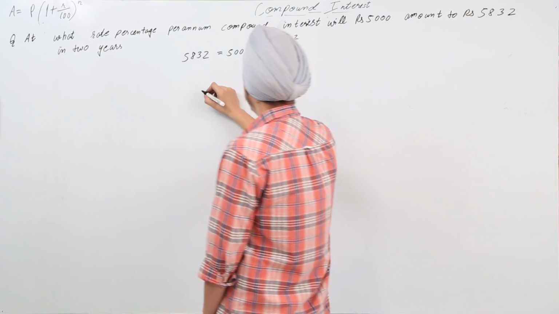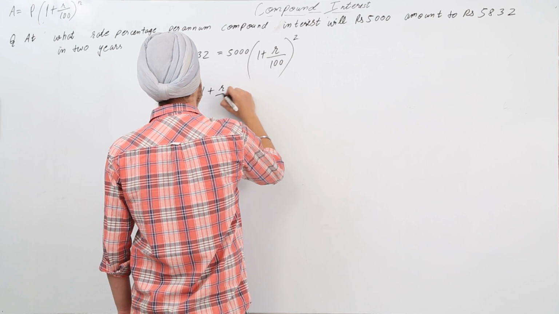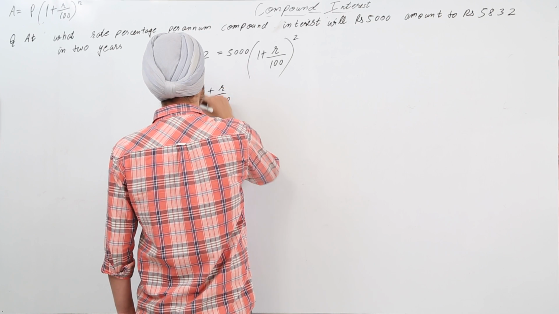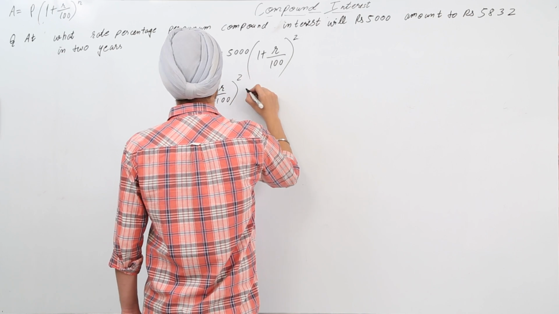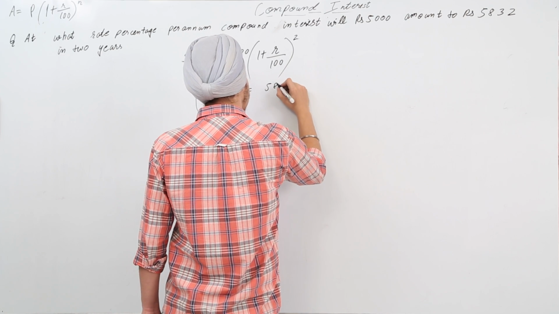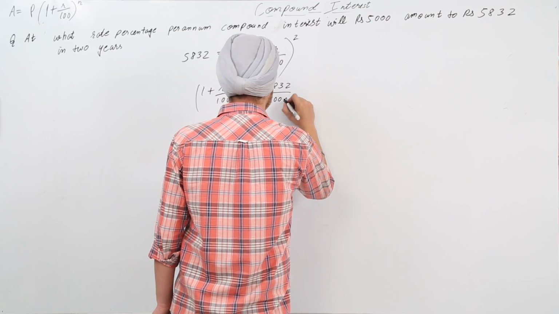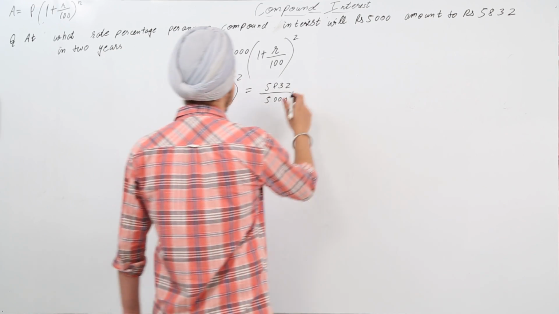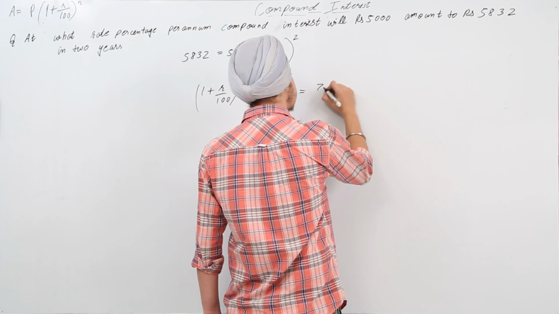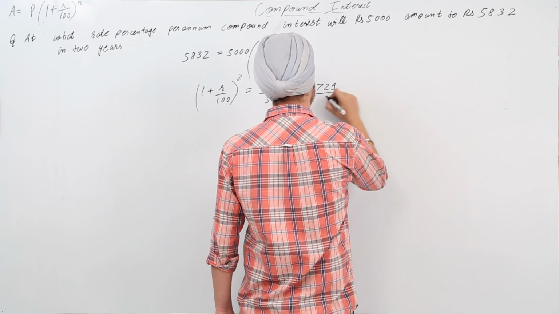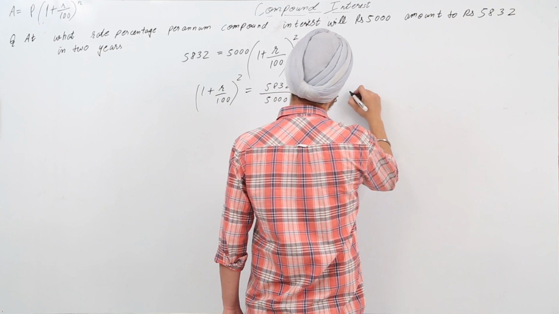So we have 1 plus R by 100 raised to power 2 is equal to 5832 upon 5,000. So this also comes out to be 729 upon 625.